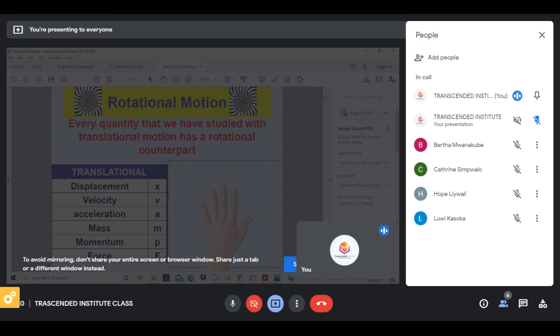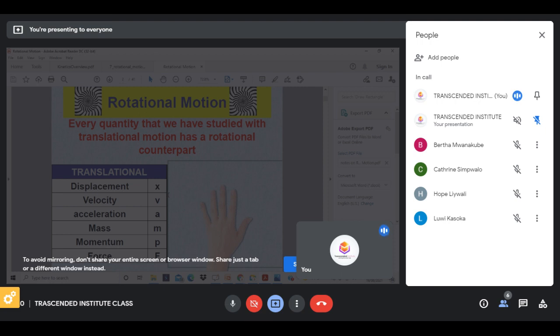Something moving in a straight line, we say is displacement. Something in rotational motion, we now call angular displacement. As simple as that. Denoted by theta, like she said, for an angle.